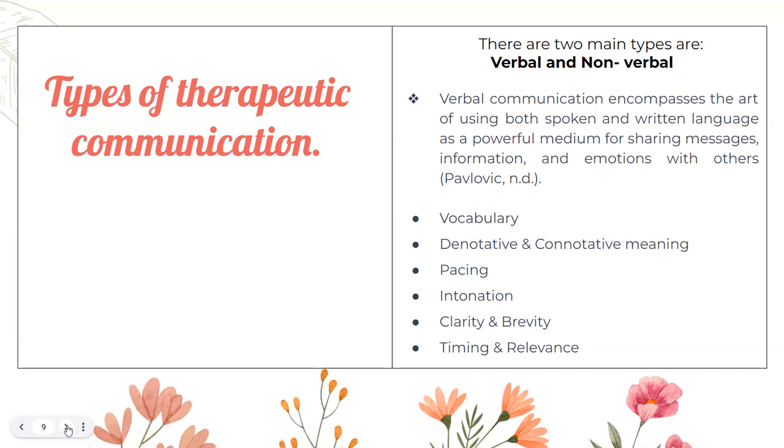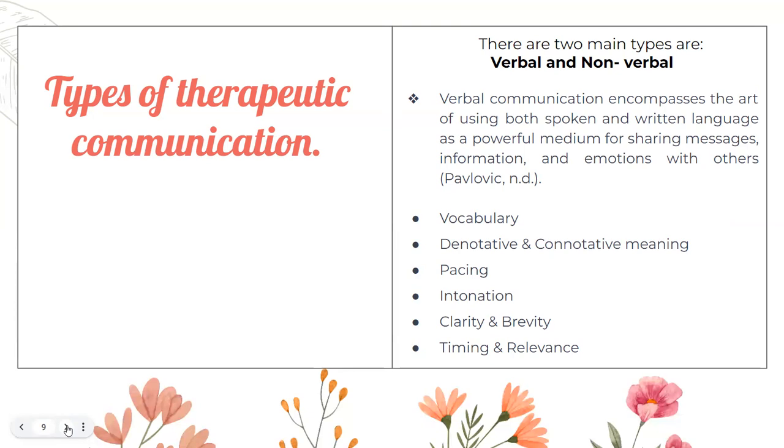The power of verbal communication lies in our ability to utilize words, tone of voice, and active listening to connect with patients and provide effective care. So some of the examples of the verbal therapeutic techniques involve vocabulary, which is the use of words that are easy to understand and considerate of the patient's perspective.